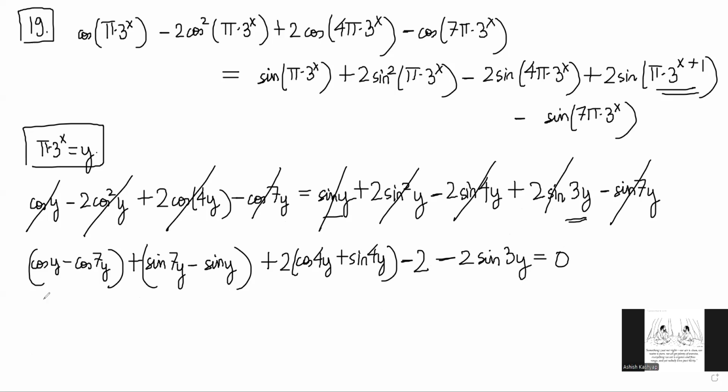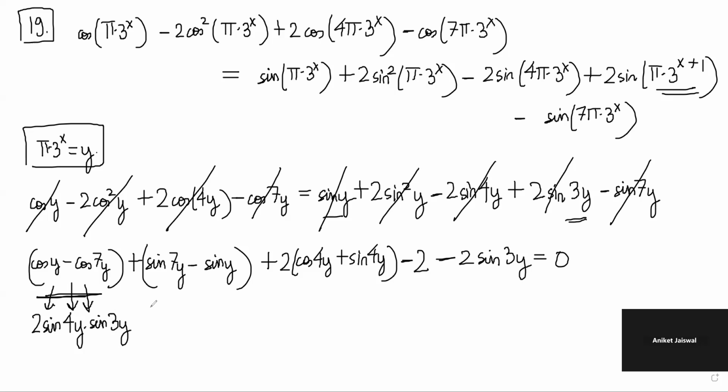So now using the cos C minus cos D formula, cos C minus cos D is 2 sine (C plus D) by 2 sine (D minus C) by 2, right? This is what should come if you know your formulas.